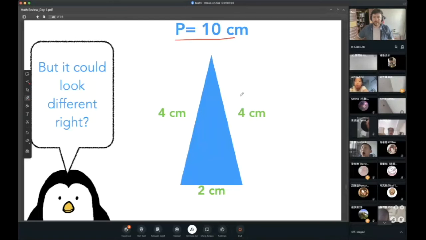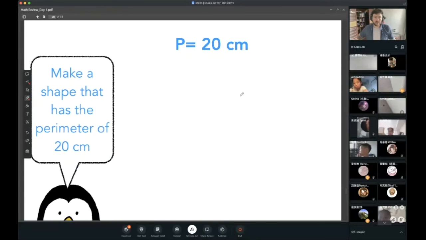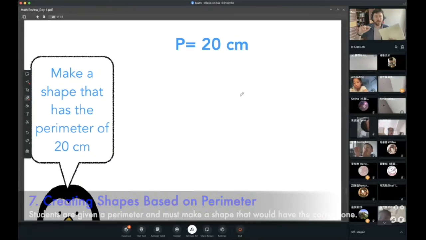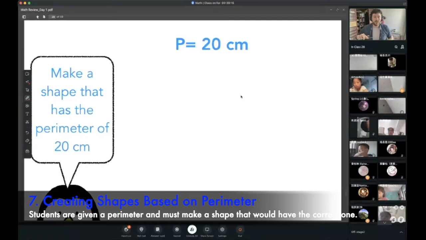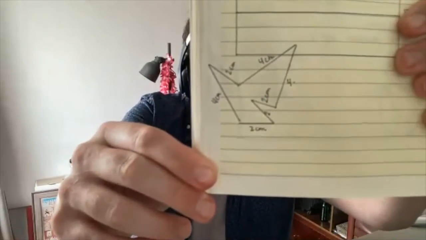Okay, so let me ask you just in the last minute of class to try your own. I want you in your notebook quickly to draw a shape that has the perimeter of 20 centimeters. So be sure to use your ruler, and it can be any kind of shape or any way you want. So I decided to draw my shape looking like this.